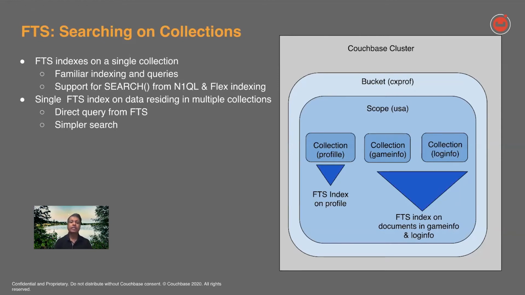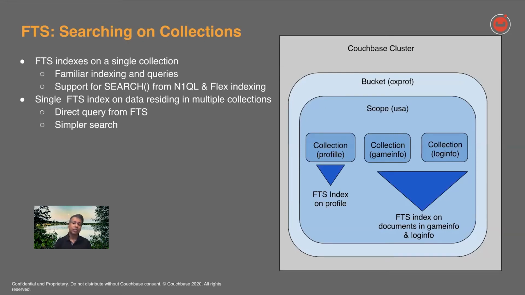In FTS index, not only can you create FTS indexes on specific collection, you can also create a single index on multiple collections. In this example, I have one index created on collection profile. I have another single index created on both game info and log info.